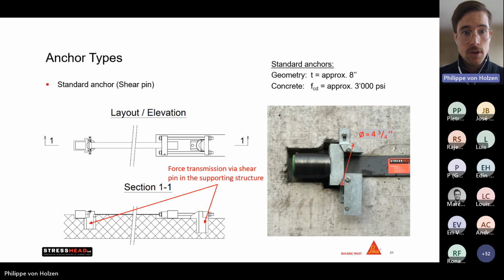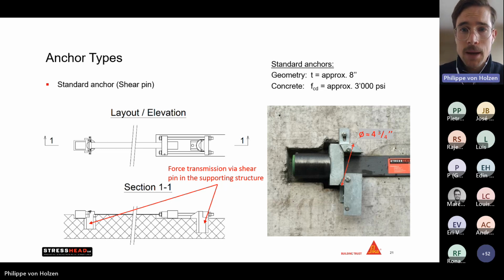Our first standard anchors is this one, which we mainly use to reinforce concrete constructions. The idea is that we work with an anchor, sort of a shear pin. So what we do is first making a core drilling with a diameter of about 12 centimeters, and afterwards here insert this anchor with this shear pin, which the idea is that this anchor introduces all the post-tensioning force over that pin into the internal structure.